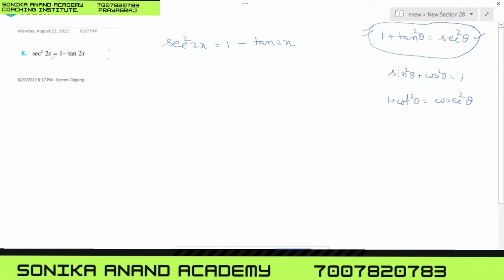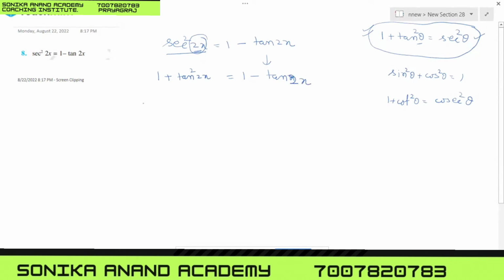So I will use this identity. In place of sec square 2x, we write 1 plus tan square 2x, because in place of theta, I will take 2x. So it becomes 1 minus tan 2x, we just note it down as it is.